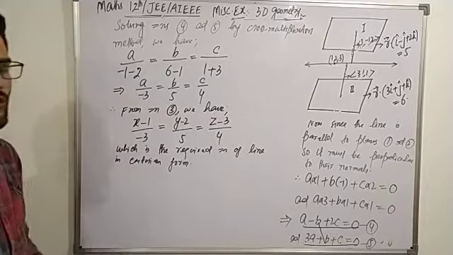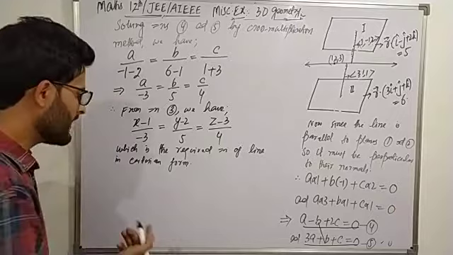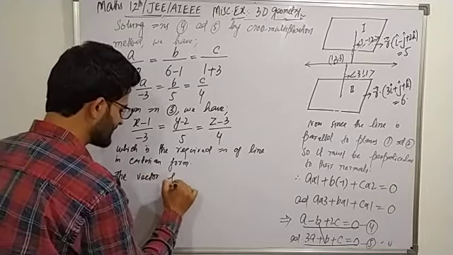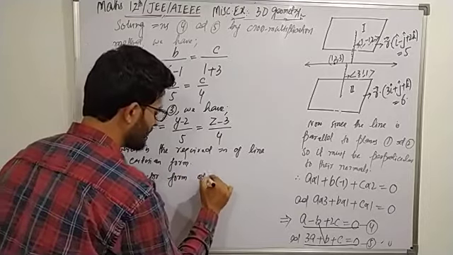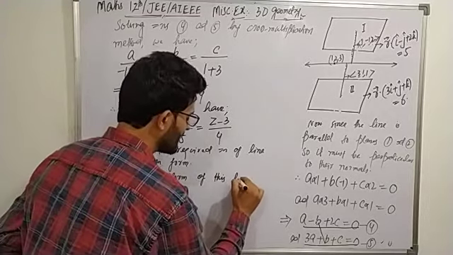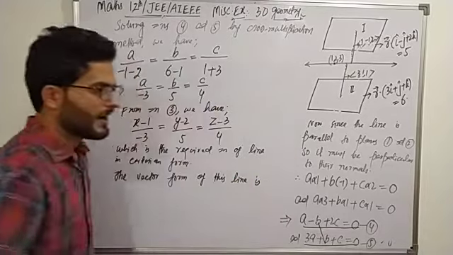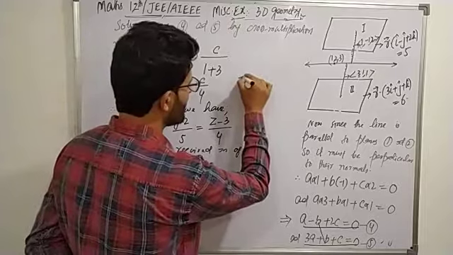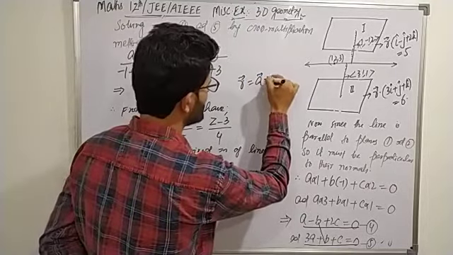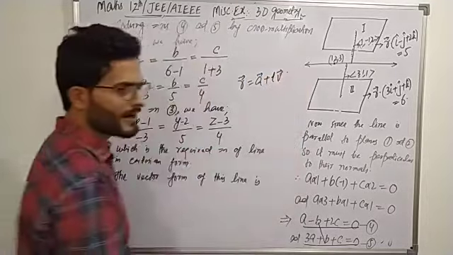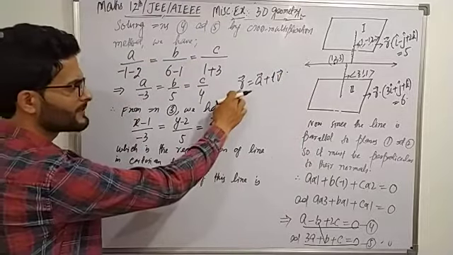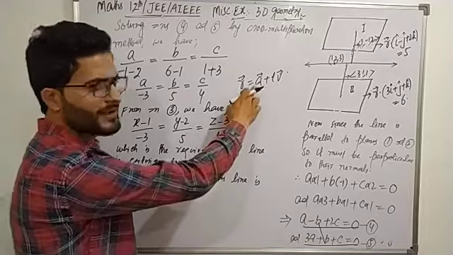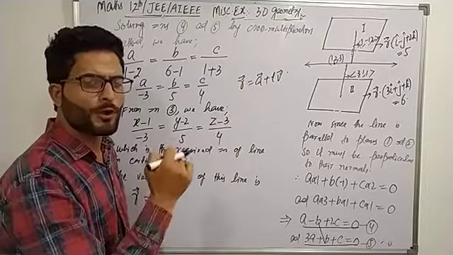And if we express this line in vector form, the vector form of this line is, the vector equation of a line passing through a point, that is r vector must be equal to a vector plus t times v vector, or lambda times v vector, where r vector is the position vector of unknown point. A vector is the position vector of that point through which it passes.